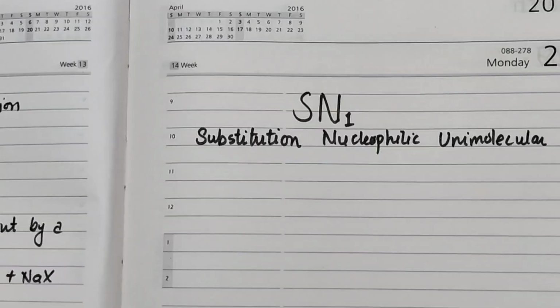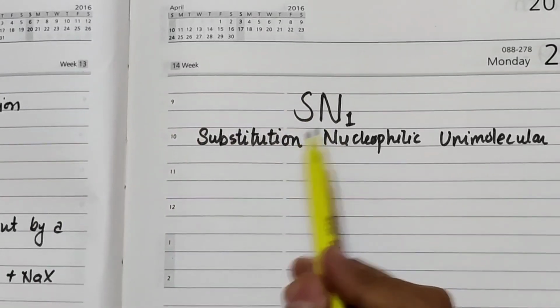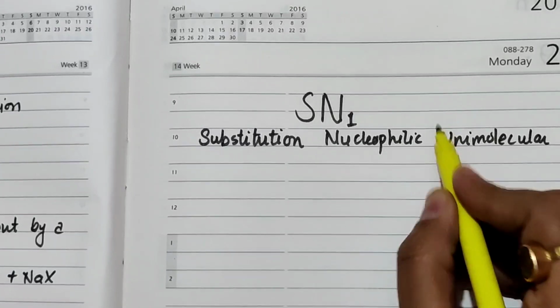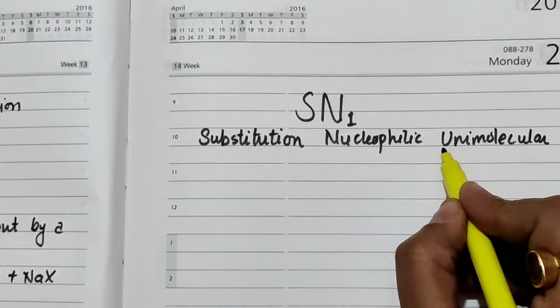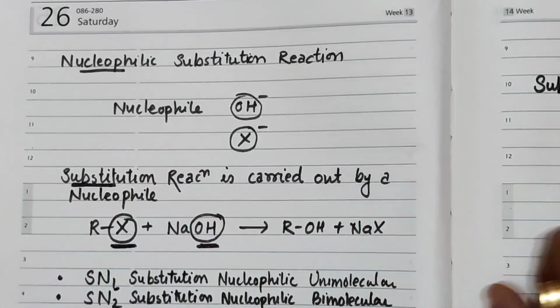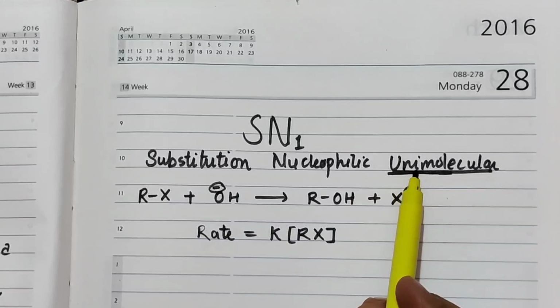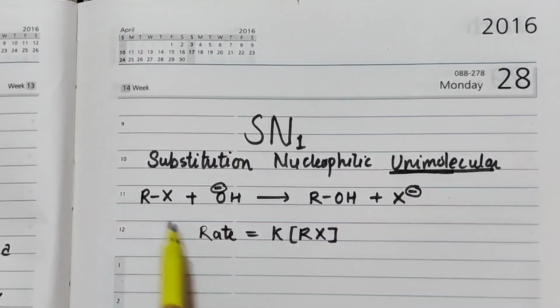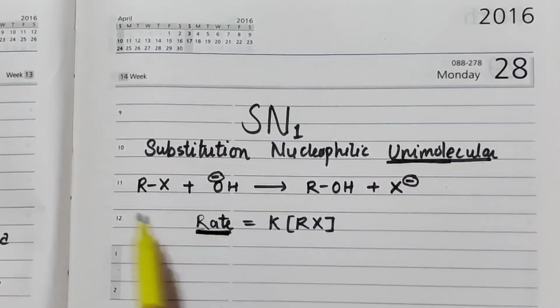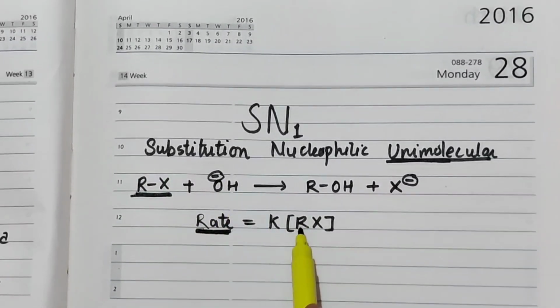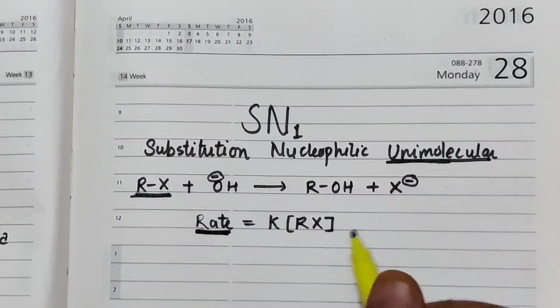The first one is SN1, substitution nucleophilic unimolecular. Unimolecular means the rate depends upon only one molecule. This is the same reaction which I am writing here. In this mechanism, the rate depends upon only one molecule of the reactants, hence it is unimolecular.